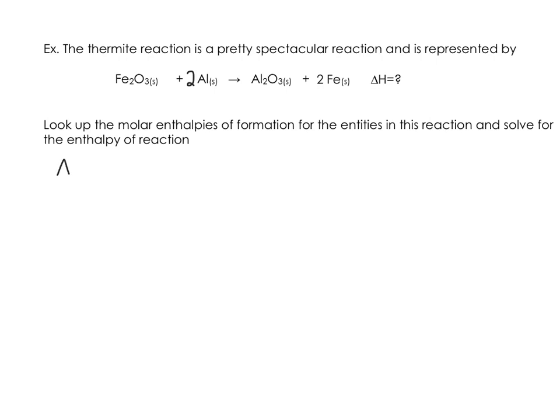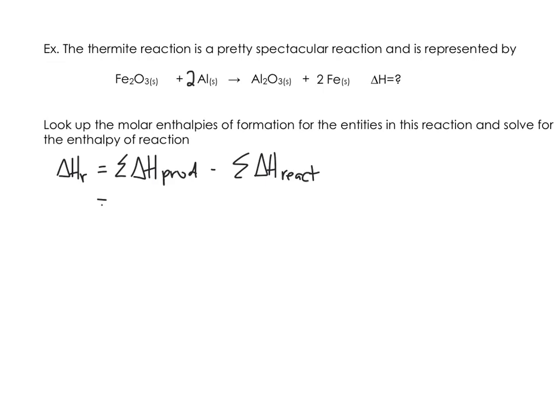So our delta H for our reaction will be the sum of our delta H for the products minus the sum of the delta H of the reactants.